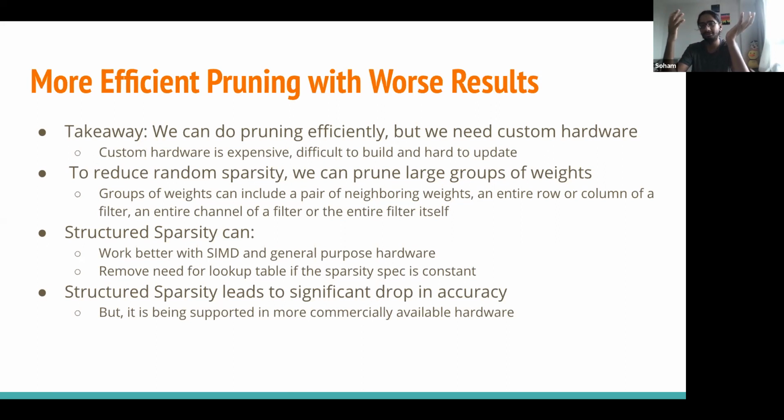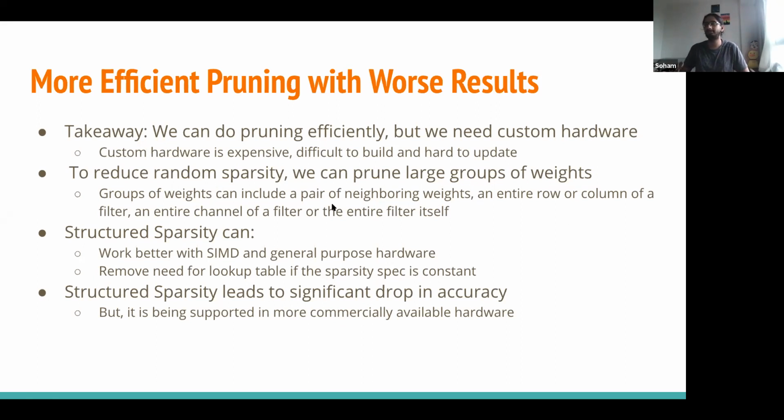Instead of randomly removing weights from random places in the weight table, we remove groups of weights. We can remove, say, two weights, keep two weights, and remove two weights, like pairs of weights. Or we can remove an entire row or column of a filter, or the whole filter itself.